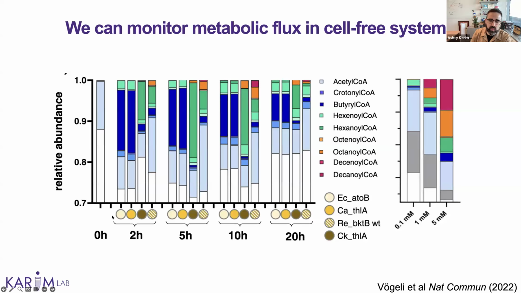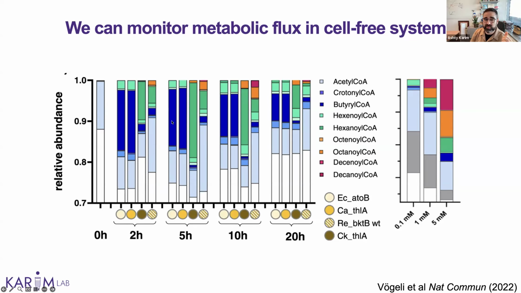And over the course of a 20-hour reaction, using rBOX, we can see different constituents of acetyl-CoA here, C4, C6, C8, C10 molecules. And you can see that over the course of the reaction, using different enzymatic homologs, we get different distributions of these CoA molecules.